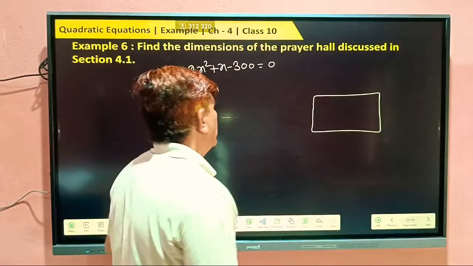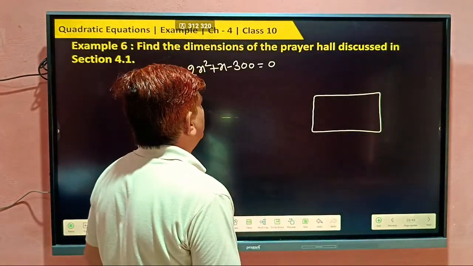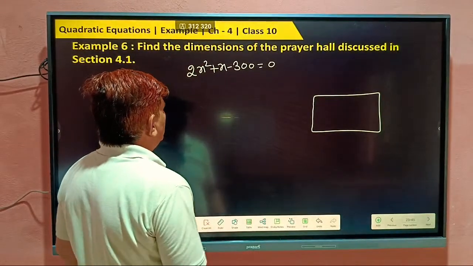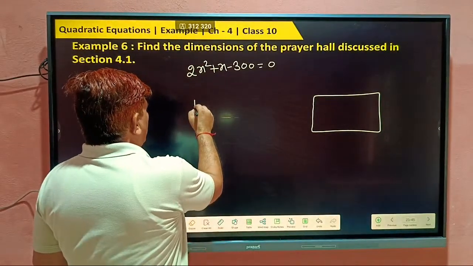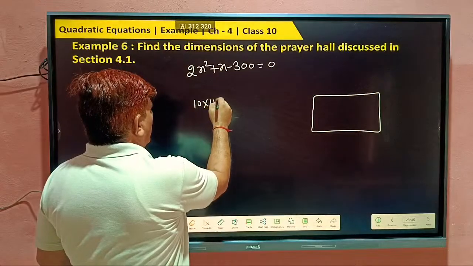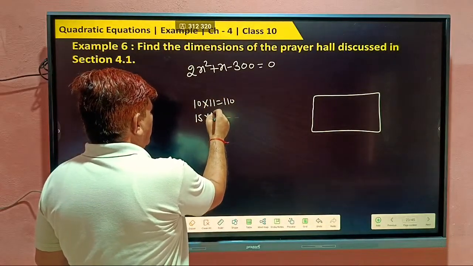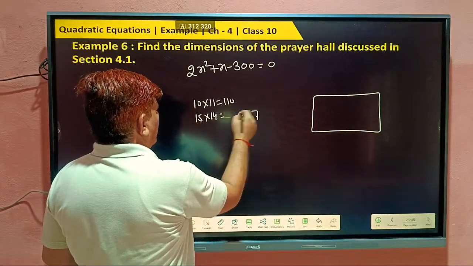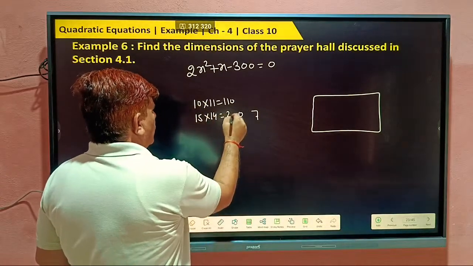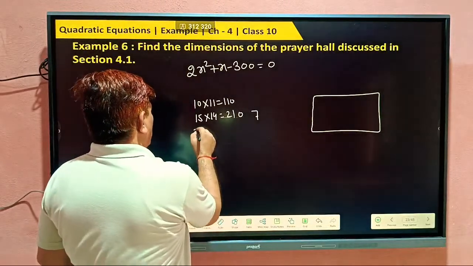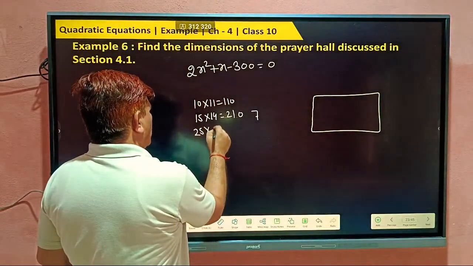So here also what can you apply? Splitting the middle term. So which formula can you apply? Multiplication: 10 into 11, 110; 15 into 14, 210; understood? 25 into 24.